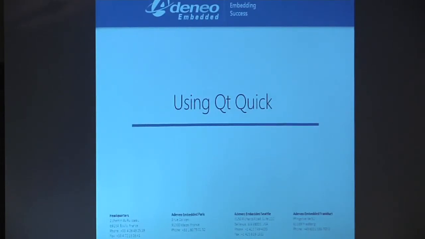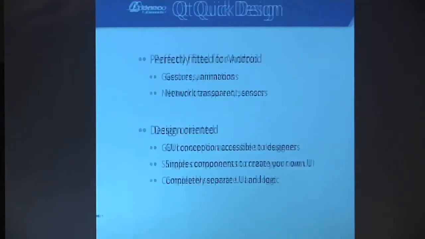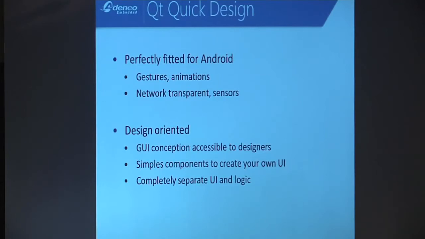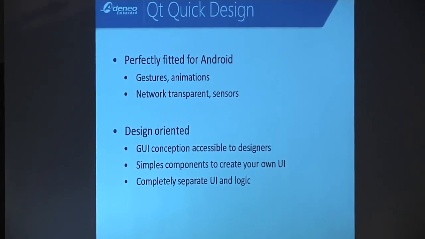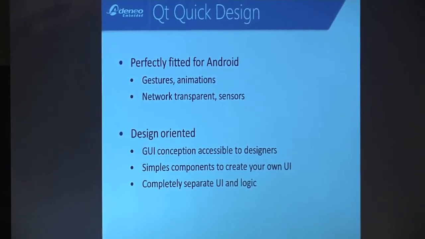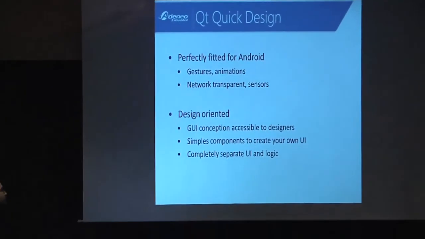Now we're using Qt Quick for your application. Qt Quick is perfectly designed for Android, of course. Gestures and animations, which we'll see, are really easy to use. It is network transparent, which is a great thing, so you can target images over the network, or locally stored in your application, or anywhere, and it will work completely transparently.